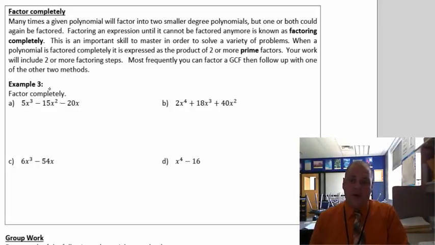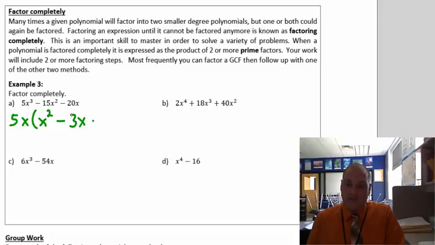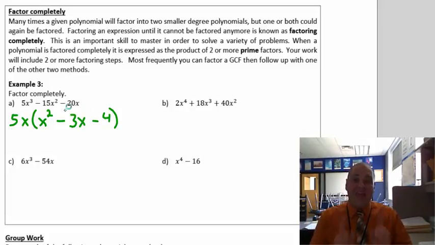All right, so for example, right here, I have a common factor, 5x. So I'm going to pull out that common factor, right? x squared minus 3x minus 4. But look what's left: x squared minus 3x minus 4. That can still be factored because we've done that, right?